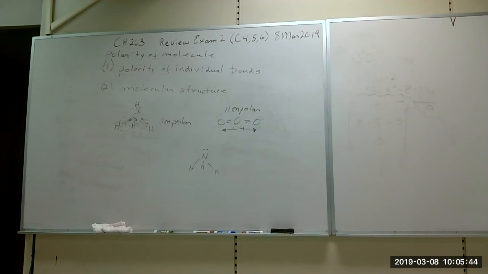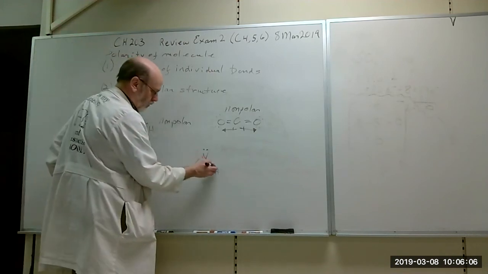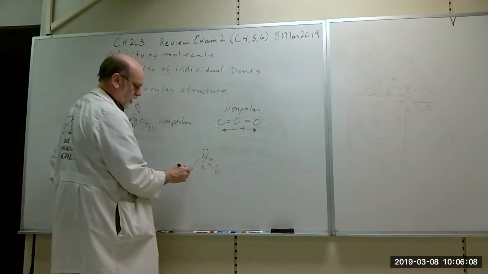I don't need the chart yet. What I need is the table. Here it is. Hydrogen's 2.1, nitrogen's 3. So that's a difference of 0.8, 0.9. The 0.9 difference should be polar covalent. Yeah. So these bonds are polar toward nitrogen.